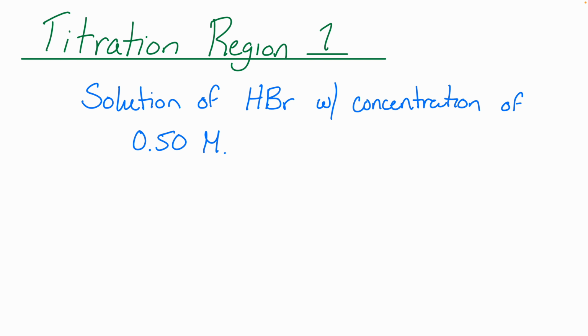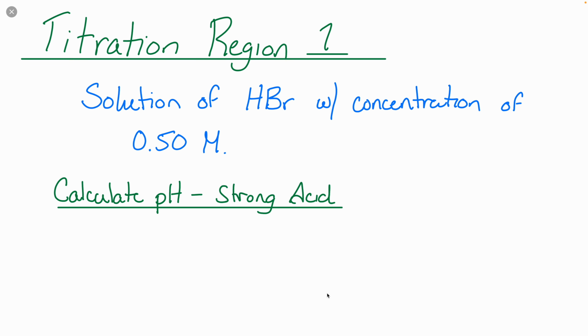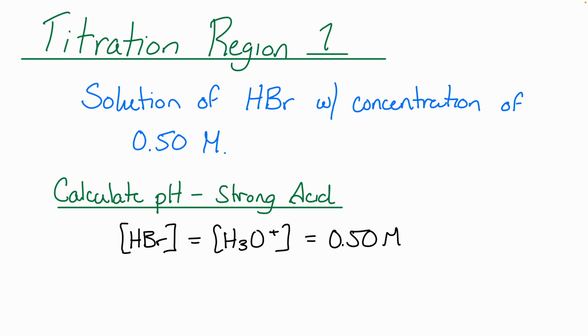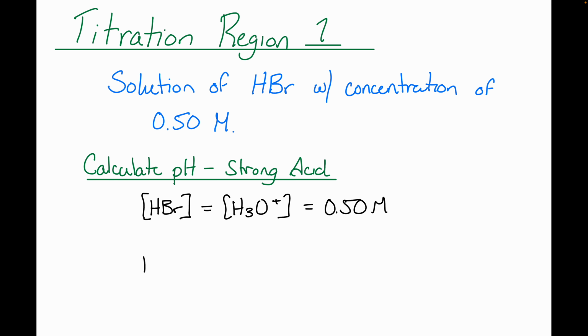So how are we going to go about calculating our pH? Negative log of that concentration, right? We calculate our pH just like we know how to do for a strong acid, because importantly, the concentration of that HBr is equal to the concentration of hydronium in that solution. So I know that my hydronium concentration is 0.5 molar, so for my pH, I'm just going to take the negative log.